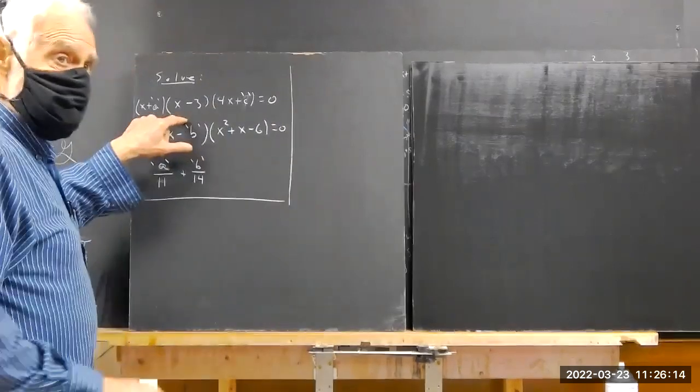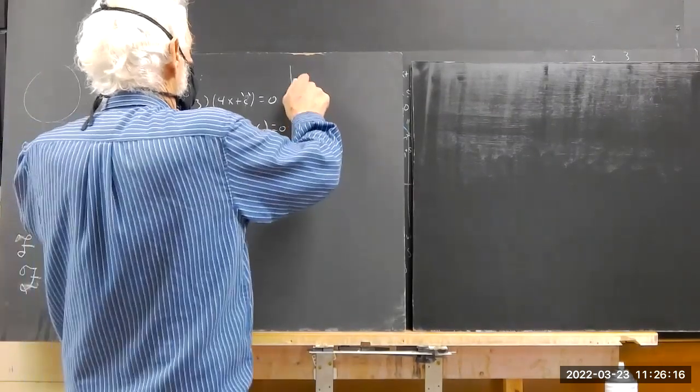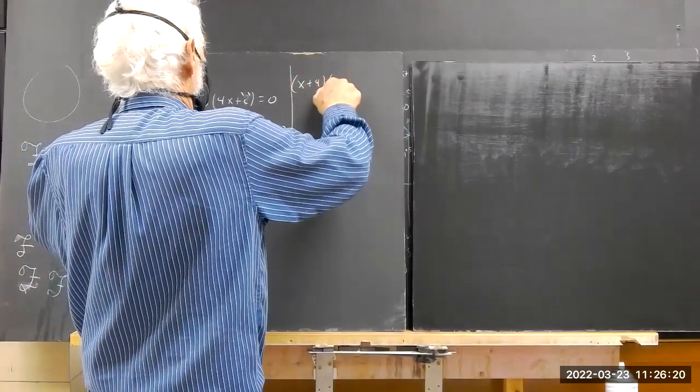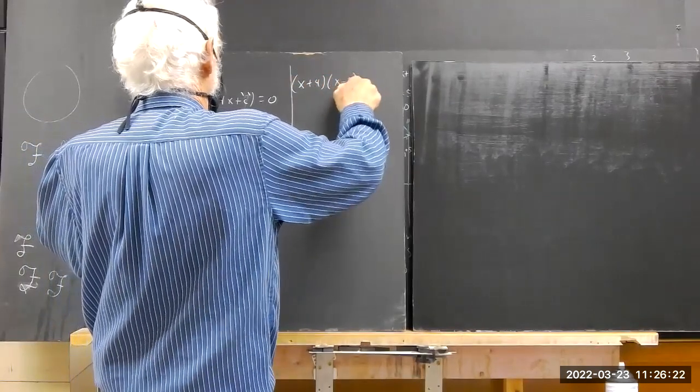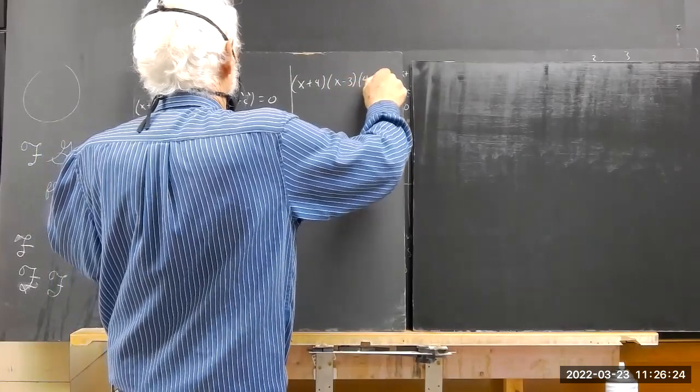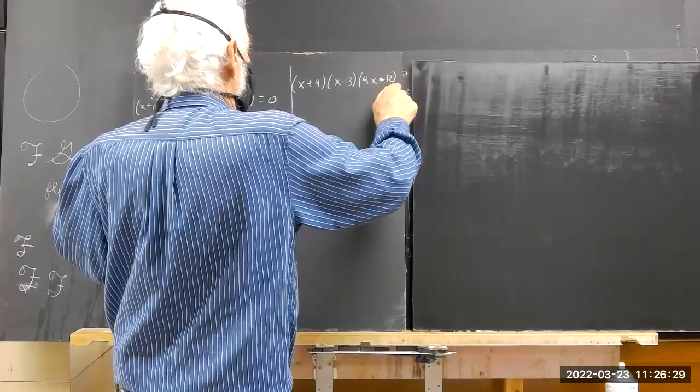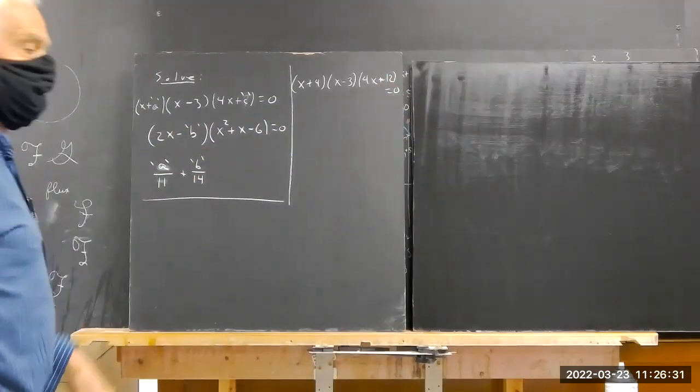This first equation, let's say this is x plus 4 and x minus 3 and 4x plus 12 equals 0.